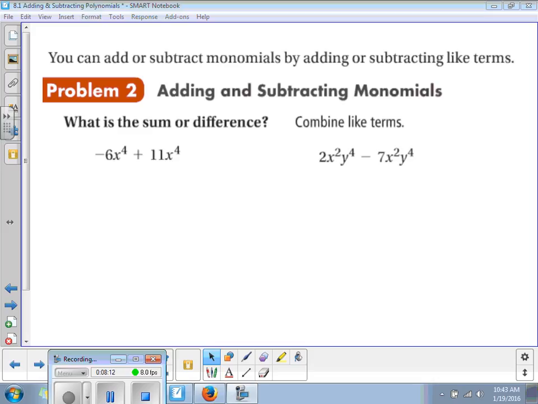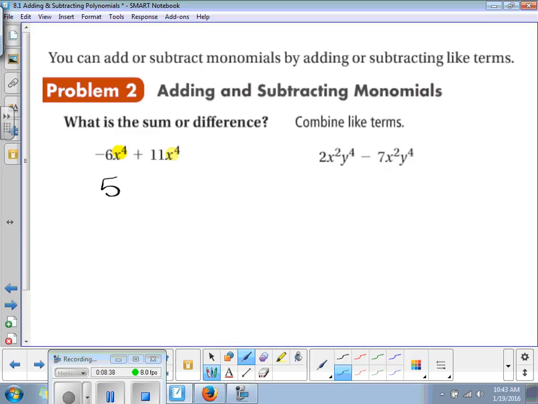So here, these are like terms because they are x to the 4th. They are like terms if all of the exponents for the variables match. Okay? So here, we can add negative 6 plus 11, which gives me 5. And then we continue to use the x to the 4th.